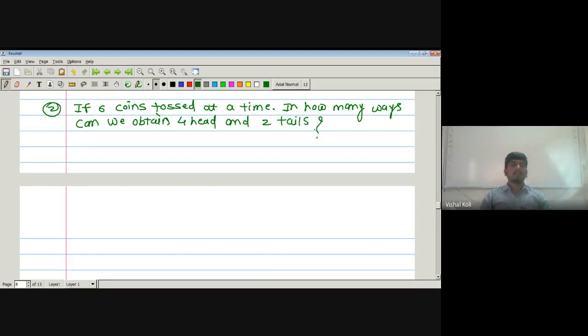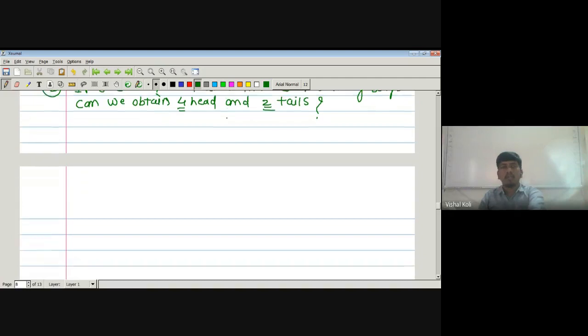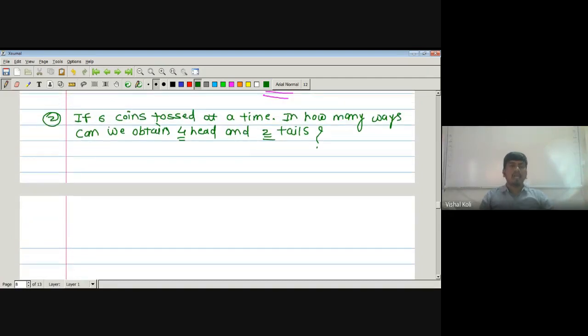Here we are given 6 coins, and these 6 coins can be tossed at a time. We have to find out the number of permutations of these 6 coins, where 6 are taken at a time, in which 4 things are of one kind and 2 things are of second kind. So we have to use the above result. Either we can toss a coin 6 times or toss 6 coins at a time, then the result will be the same.